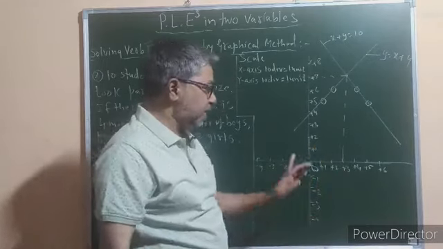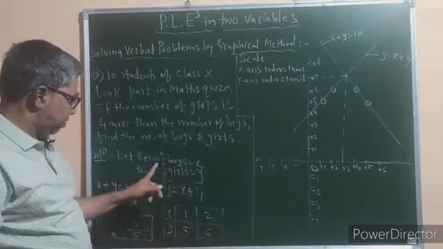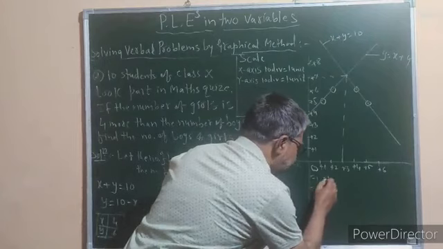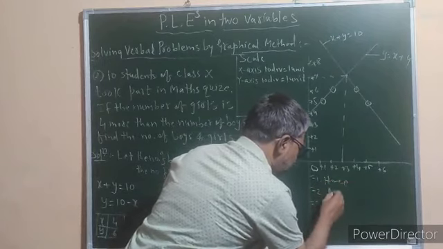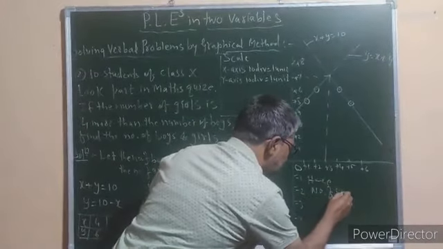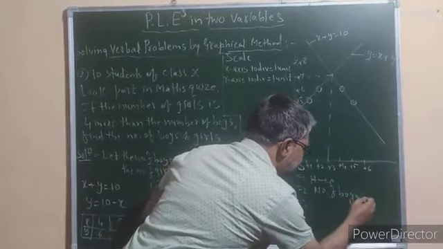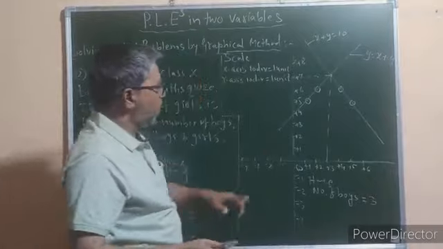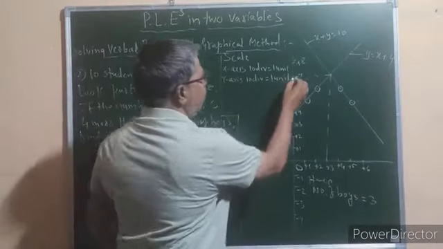It means that the value of x is 3, and we have taken the value of x as the number of boys. Hence the number of boys who took part in the maths quiz is 3.